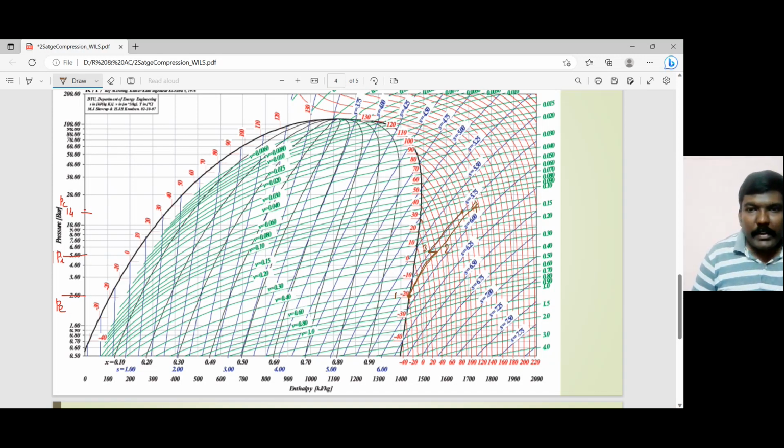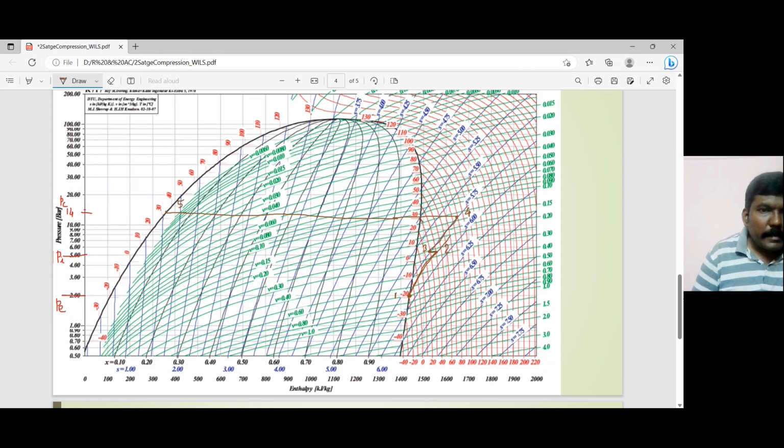Okay, and then from here I'm going to draw a horizontal line till I reach the condenser pressure line, so that is my saturated liquid line. I have to draw a horizontal line till I reach, oh, it seems my point number 4 is over here. So let's correct that. So from here to here, this is my point number 4. And this is my point number 5.